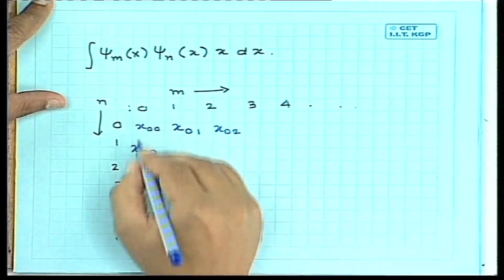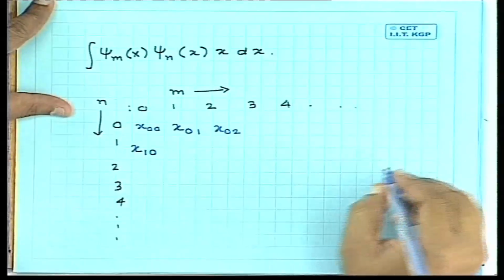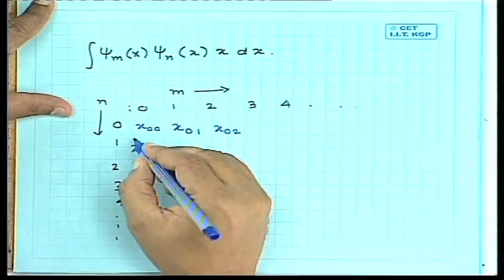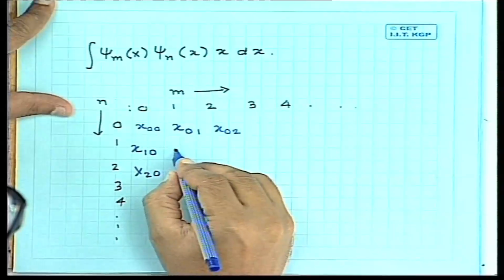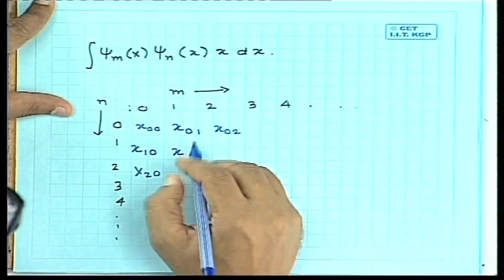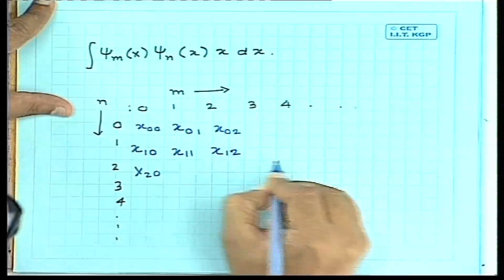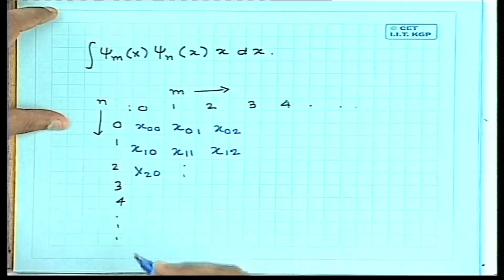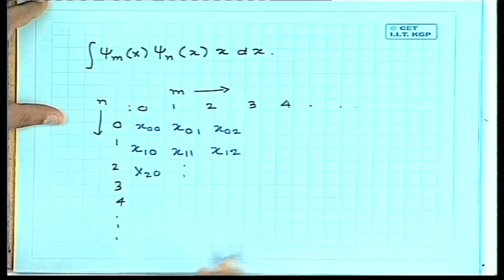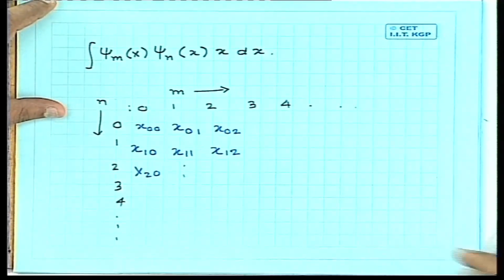So this will be a set of numbers, which we can represent in the form of a matrix. This will be x 2 0, and here I have x 1 1, x 1 2, etc. These numbers are what is called the matrix representation of the particular operator or quantity.